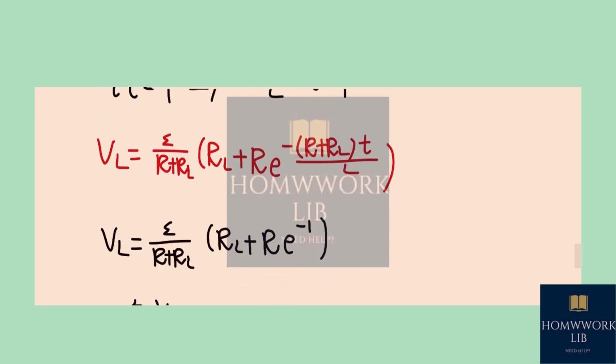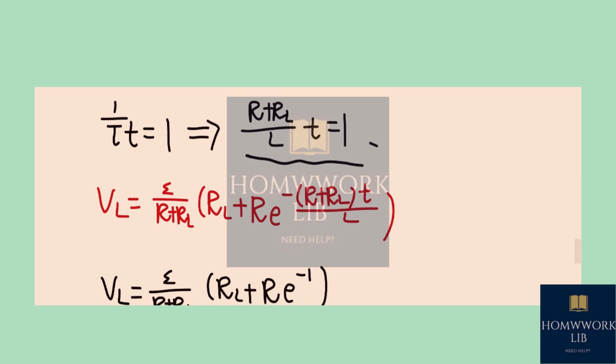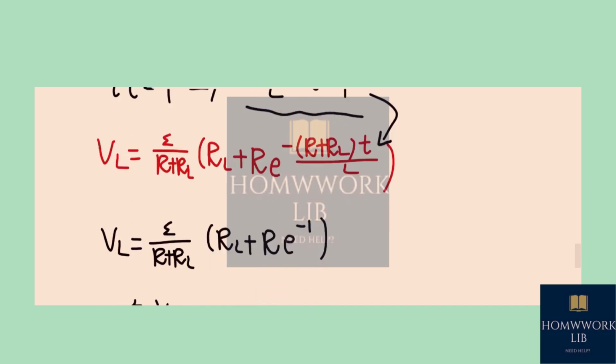So this will give us VL is equal to EMF over (R plus RL) times (RL plus R times e to the power of negative 1), since (R plus RL) over L times t is equal to 1. Then we can substitute back into the equation here, and that's how we get this equation.